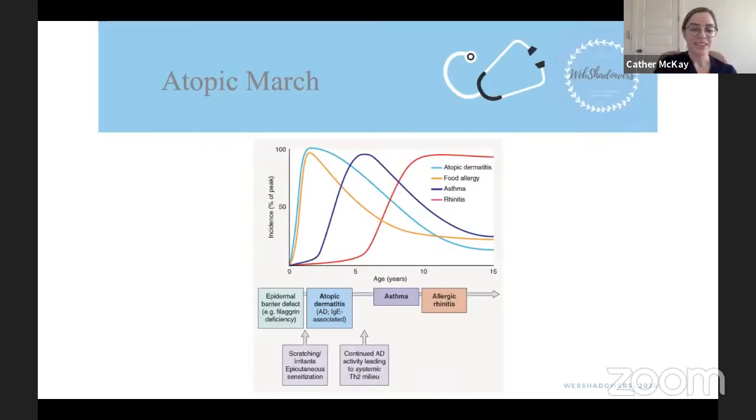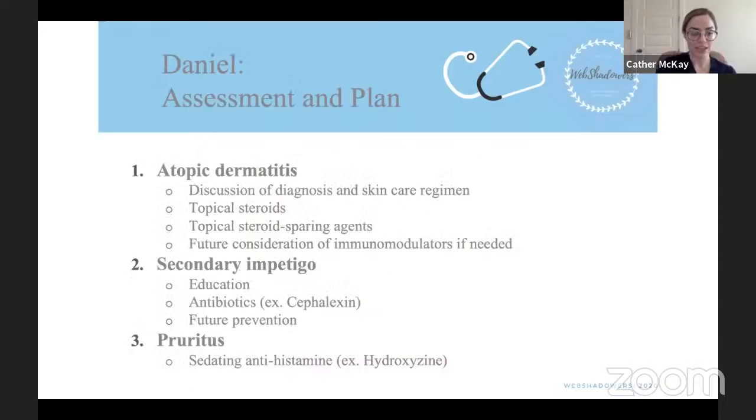So it's controversial, and the parents are kind of grasping at straws, just trying to figure out what they can do to help their kid. But often food allergies are not triggers of eczema. They can cause other types of allergies. And then asthma a little bit later onset, and rhinitis, so the seasonal allergies again. So that's called the atopic march, and all those things go hand in hand.